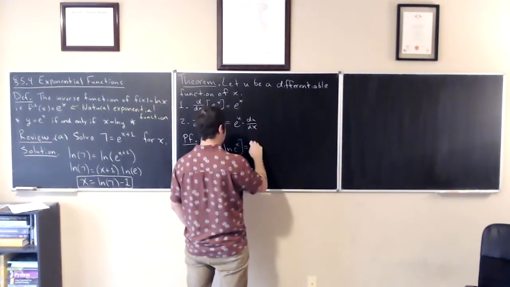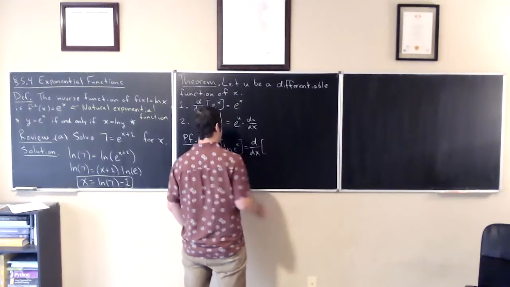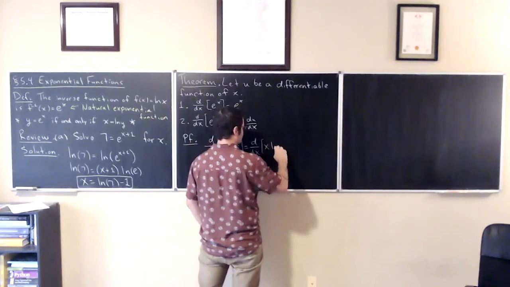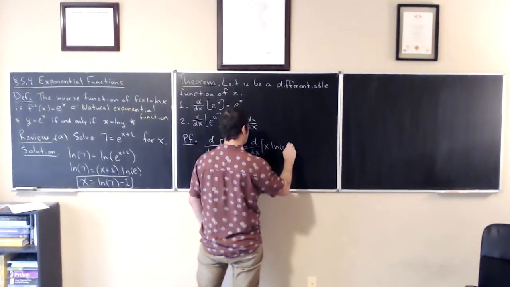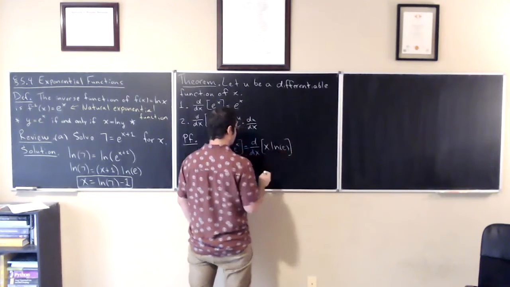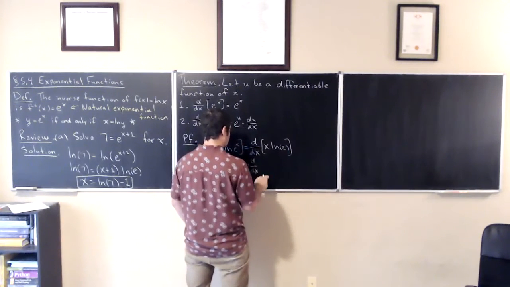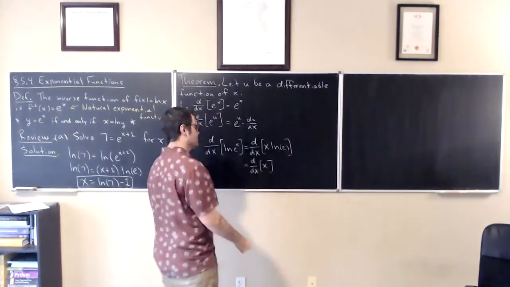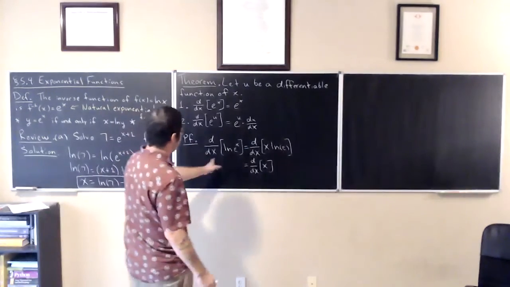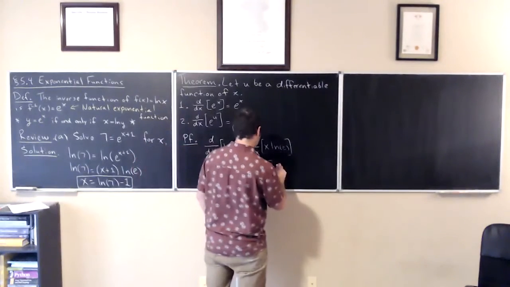So this is like saying d dx of x times the natural log of e, and that's just a 1. So it's like d dx of x, right? Natural log of e is just 1. So the derivative of that is equal to the derivative of that, which is equal to just 1.